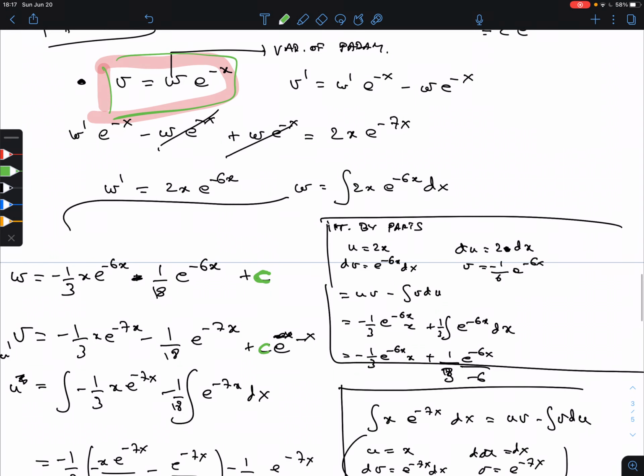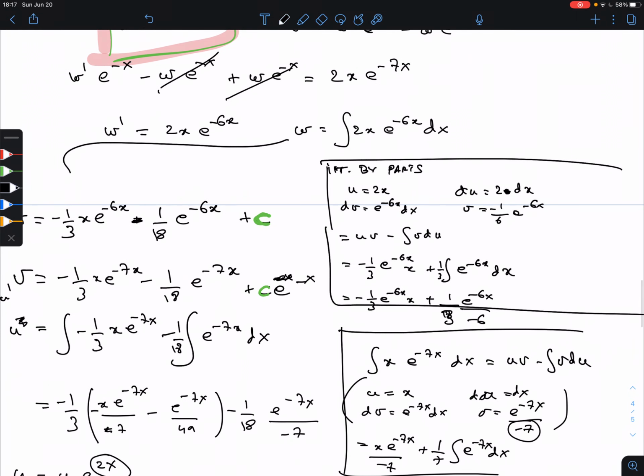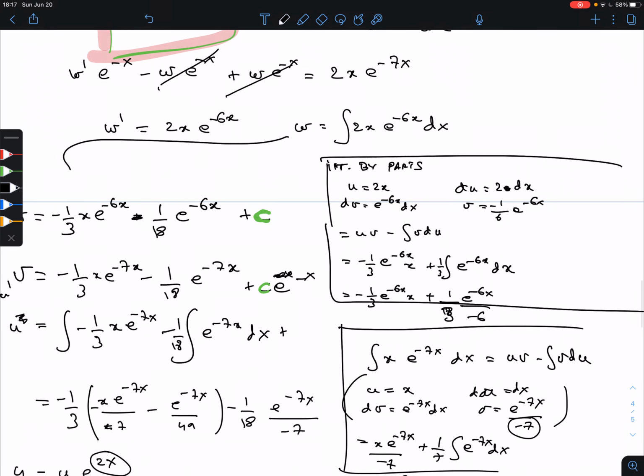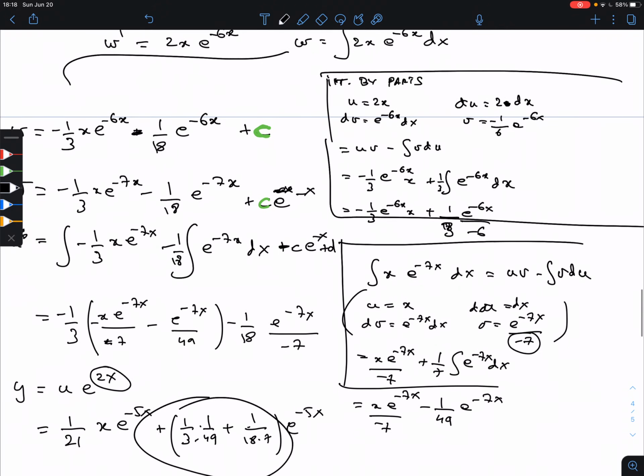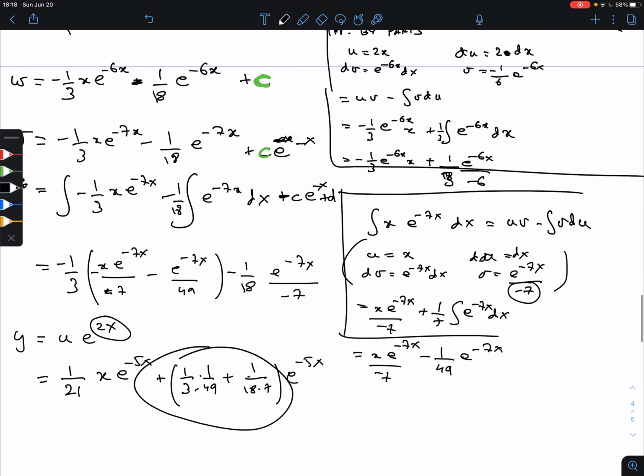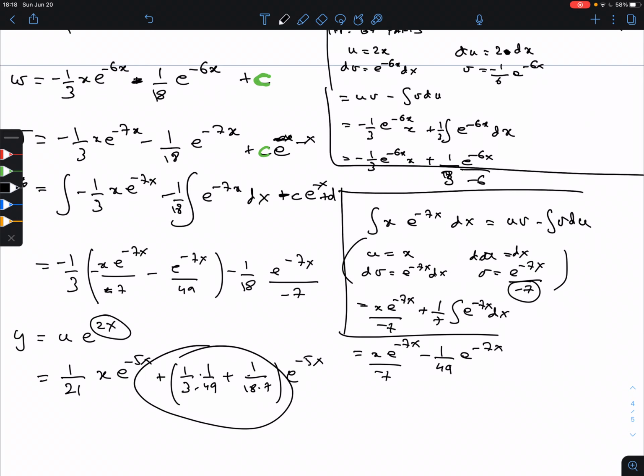So I get this term here. If I integrate here, this will be minus c e to the minus x plus d. Okay, so in u we would also have minus c, but that's a constant, so I'm going to call the constant a e to the minus x plus b.